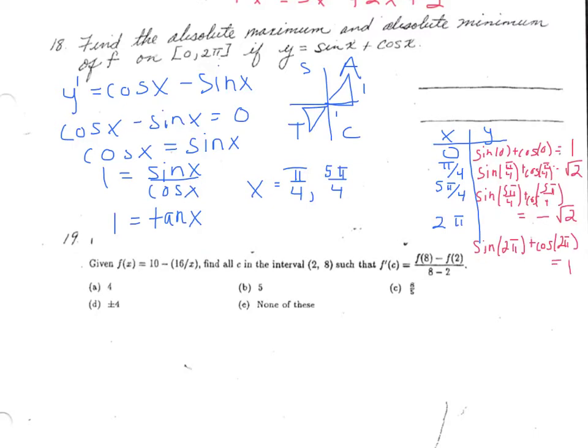So it looks like our absolute max will occur at pi over 4, since the square root of 2 is a little bit bigger than 1. And our absolute min will occur at 5 pi over 4, since negative root 2 is smaller than 1.